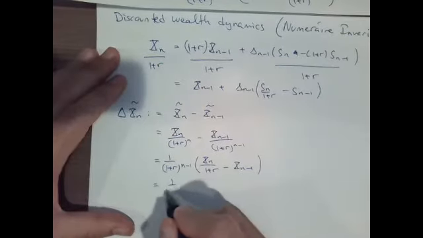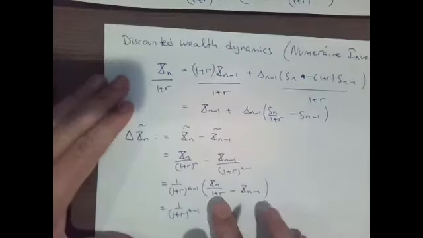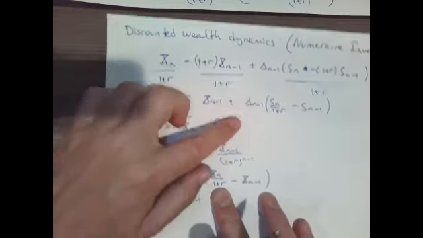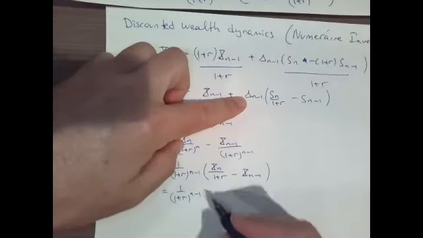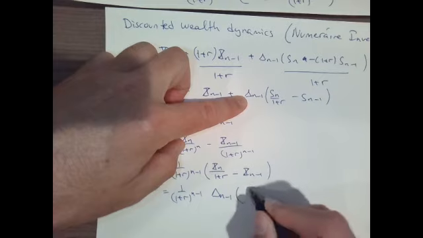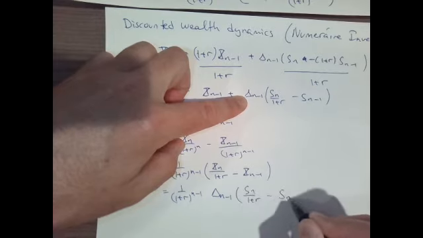I'll be able to get this difference by moving this term to the other side. I'll just have delta n minus 1 times Sn divided by 1 plus r minus Sn minus 1.